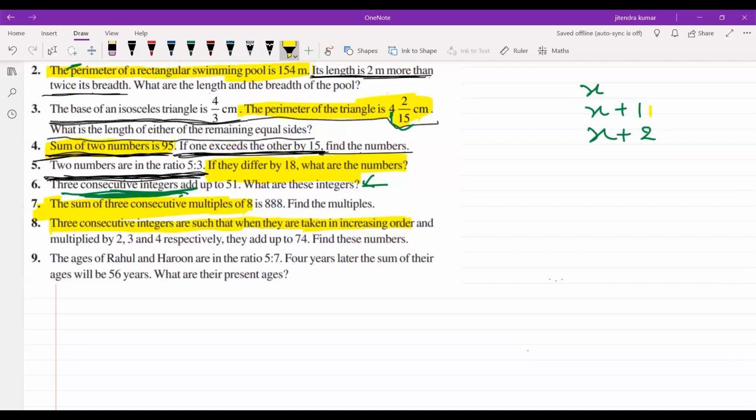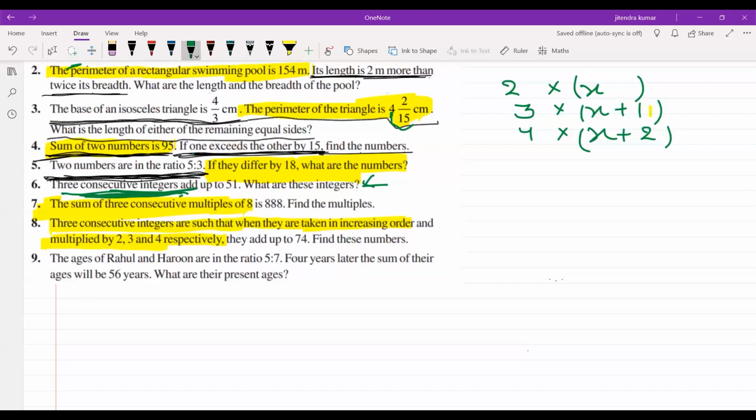Now it says that they are multiplied by 2, 3, 4 respectively. So we have to write it in increasing order and multiply by 2, 3, 4 respectively, meaning this will get multiplied by 2, this by 3 and this will get multiplied by 4. Then we have to add them and this should be equal to 74.